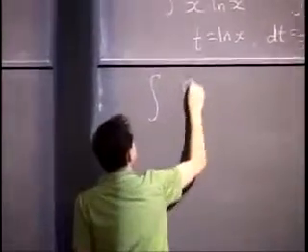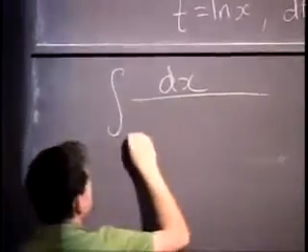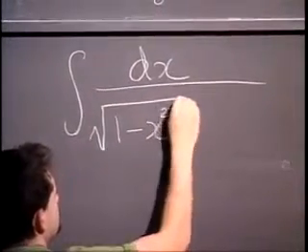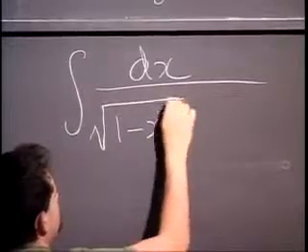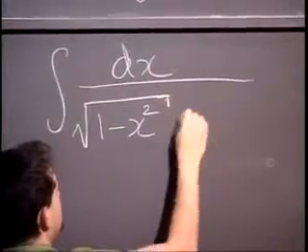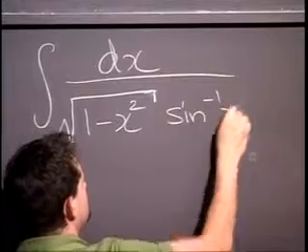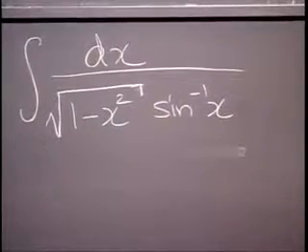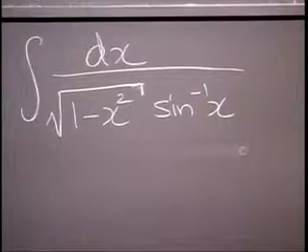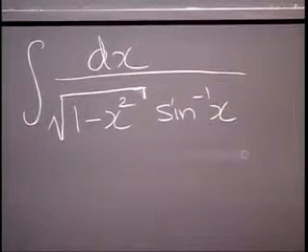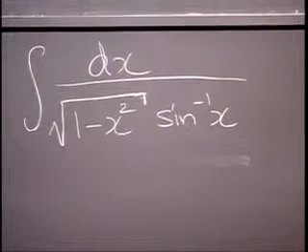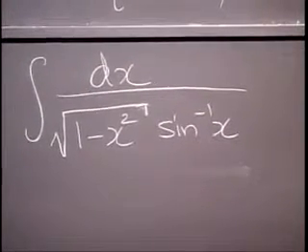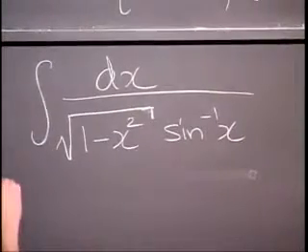Along the same sort of lines, here's a similar example. Suppose I ask you for the integral, let's do this, integral of dx over square root 1 minus x squared times inverse sine x, also known as arc sine x. You could do a substitution, t equals inverse sine x.